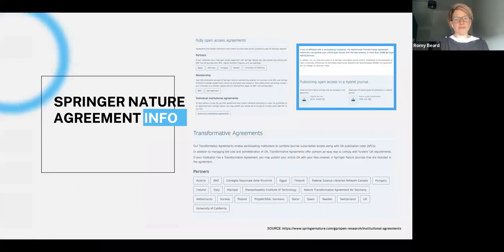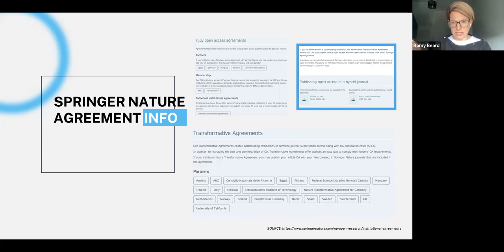Here we've got an example from Springer Nature and how they disseminate information about their institutional agreements on their website. They split it up into fully open access agreements, partnership agreements, membership, and individual institutions. So this covers the fully open access journals, and then transformative agreements, which tend to focus on the hybrid journals, although I believe that now also includes the fully open access journals in some agreements.